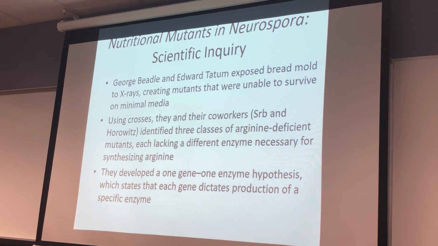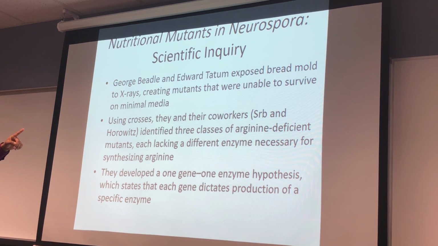Okay? Complete media has it, you put them in there, they will grow. Minimal media does not have arginine, so if you put the wild type bread mold in there, it will grow because it will take from this minimal media and convert that into arginine. It will be able to grow. But if you place this bread mold that has been exposed to X-rays, now there have been some changes in the DNA, some mutations.